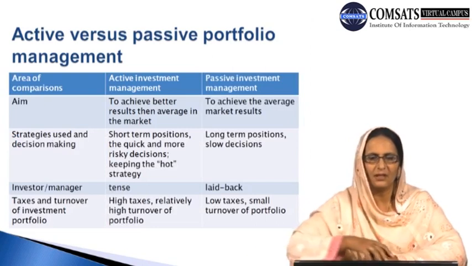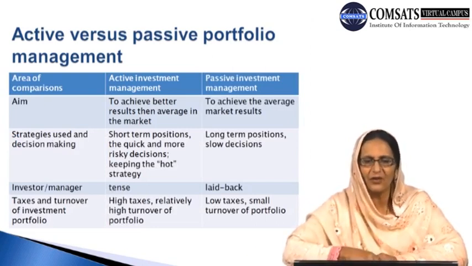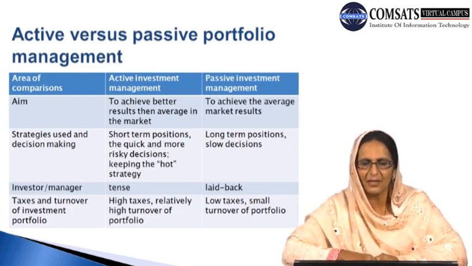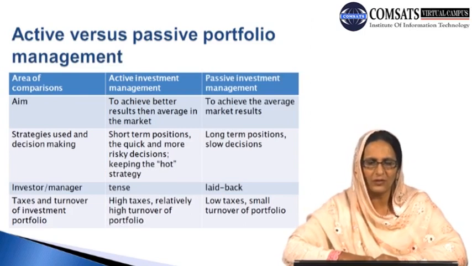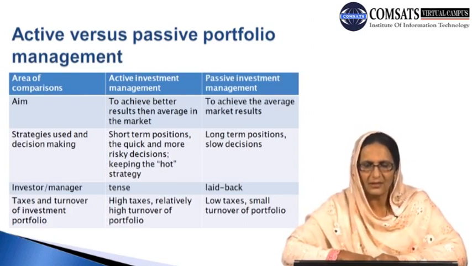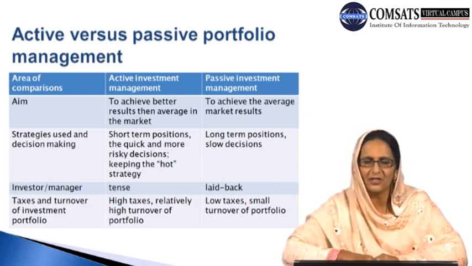And then we have the comparison of active versus passive portfolio management. We have three columns here. The first column gives us the area of comparison, second gives us active investment management, and third column comprises details of passive investment management. As the first row we have aim, that is to achieve better results than average in the market.